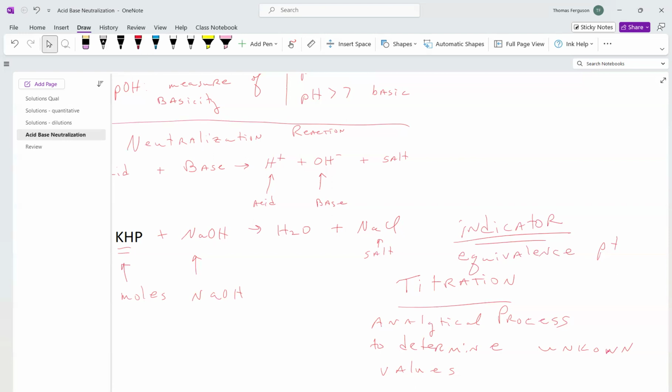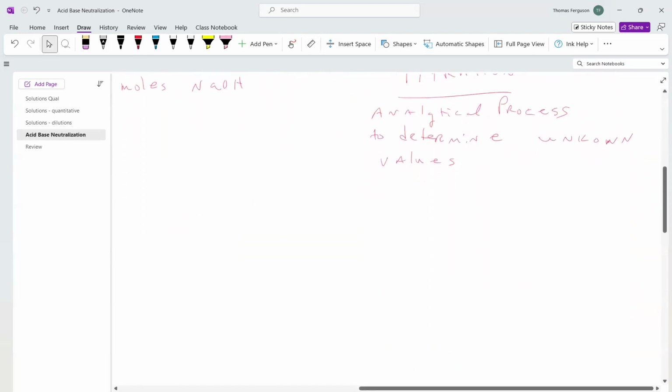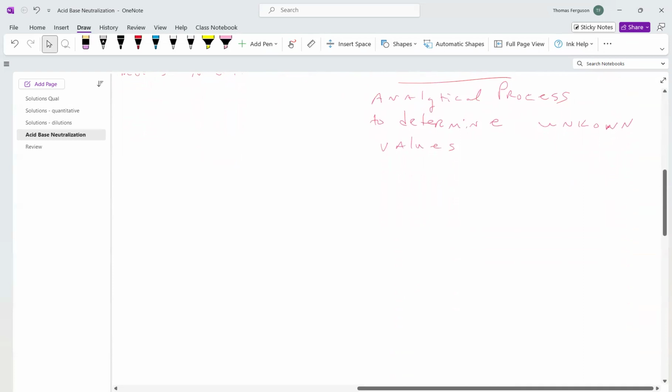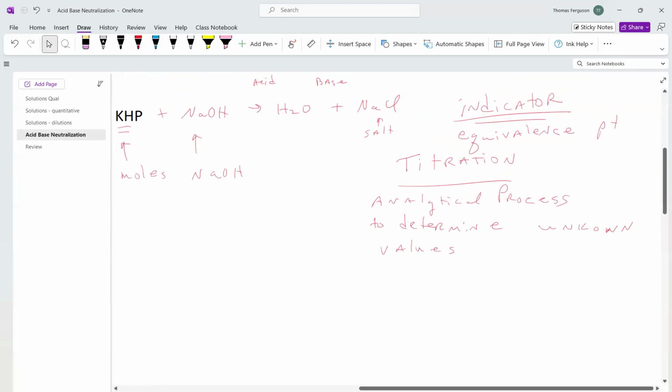So let me show you how the lab is going to go today. And remember moles, we need to know the grams times the molar mass, for KHP.